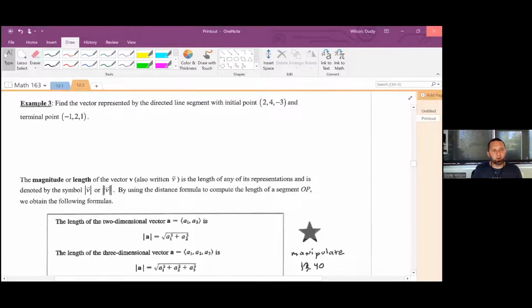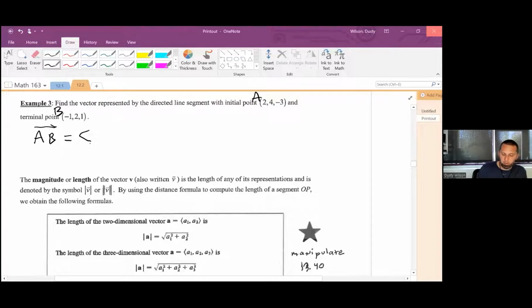Example 3. Let's find the vector represented by the directed line segment with initial point (2, 4, -3) and terminal point (-1, 2, 1). Let's call the initial point A and the terminal point B. We're looking for the vector from A to B. So I list the A first and then the B with a little arrow over the top to say it's a vector.